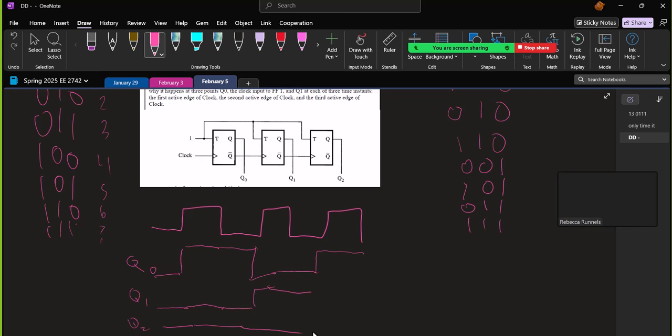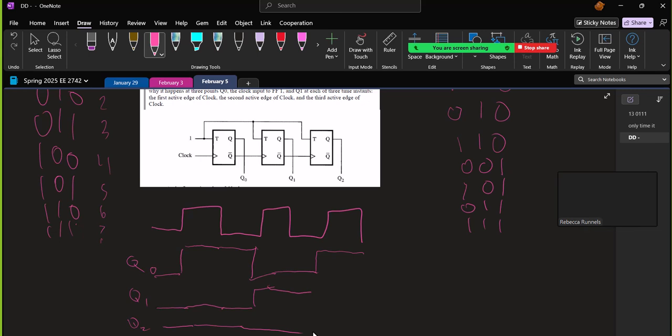How does a T flip-flop work? If it's at 0, there's no change. Okay, so Q0 just went from 0 to 1.